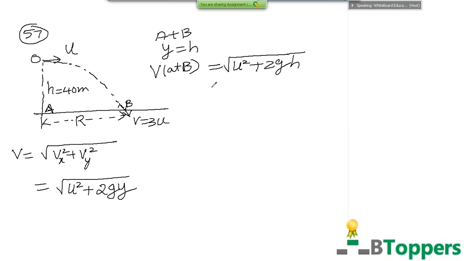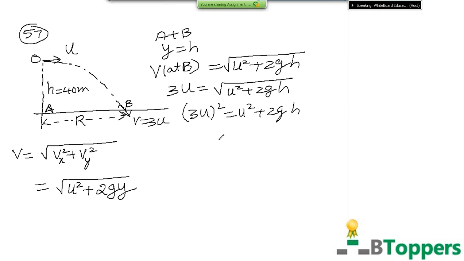So in general, when the body is projected with initial speed u from vertical height h above the ground, the magnitude of velocity just before it strikes the ground will be root of u square plus 2gh. It's given that v equal to 3u here, so you can substitute the value of v at B as 3u. Next, you can square both sides and solve for u square and then u.